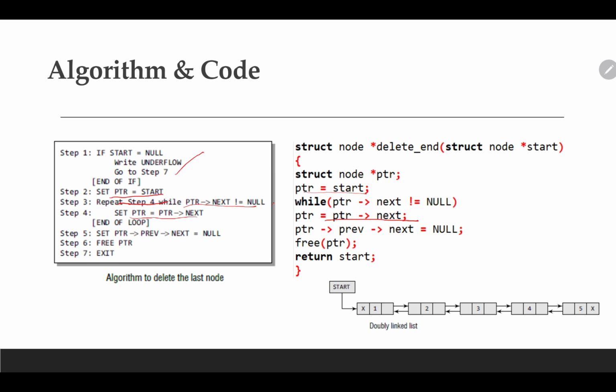If the condition becomes false, we go to the fifth step, that is PTR to previous to next is equal to null. We are assigning that. Then by using the free function, we are removing the PTR and it will return the start. So this is the way to delete the last node from the list. Here we have to check this condition. If this condition becomes false, we have reached the last node and we can remove the node from the list.